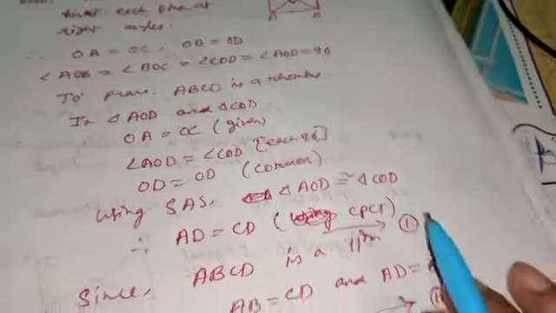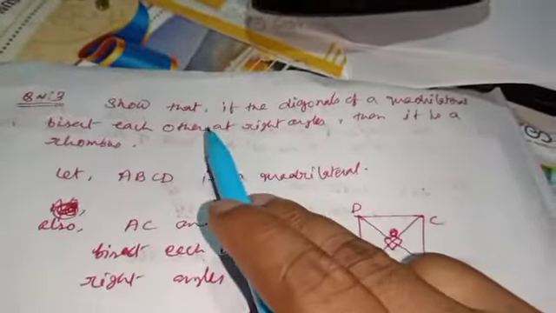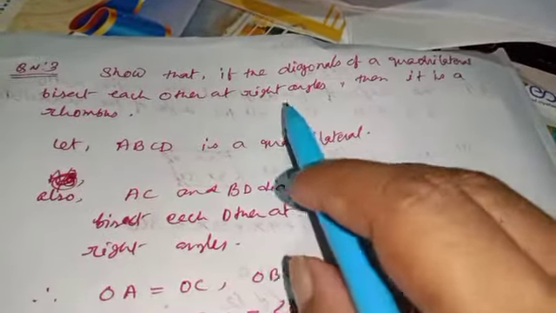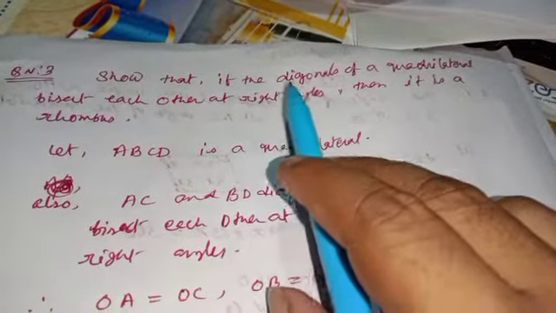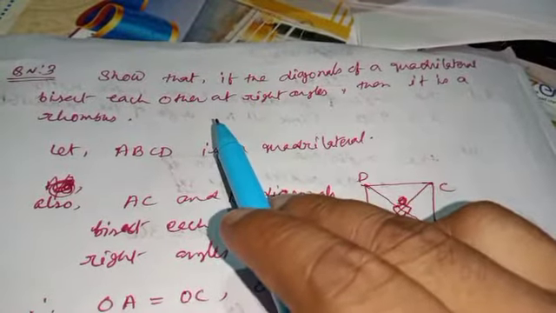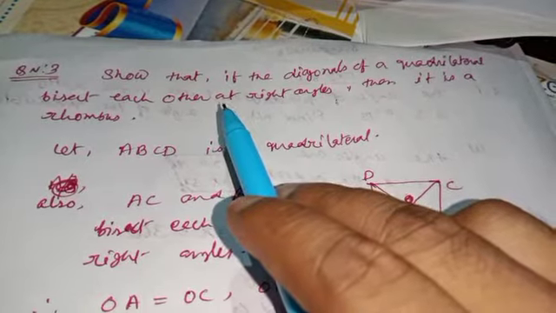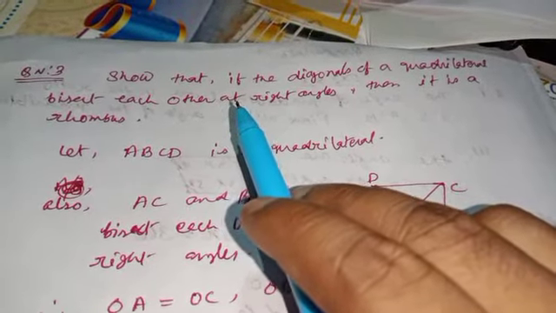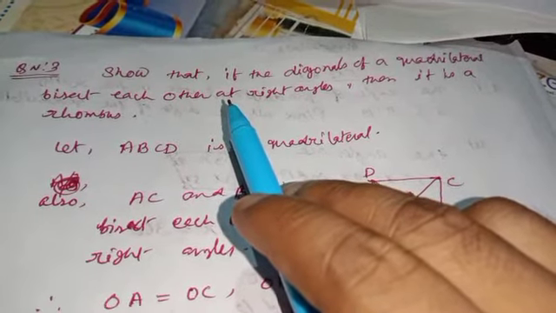Now see, we got AD is equal to CD. Since the diagonals of a quadrilateral bisect each other, we have one theorem: if in a quadrilateral the diagonals bisect each other, then it will become a parallelogram.